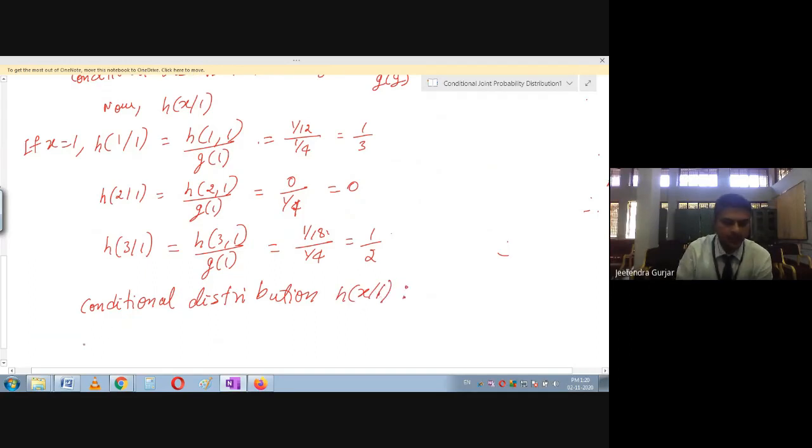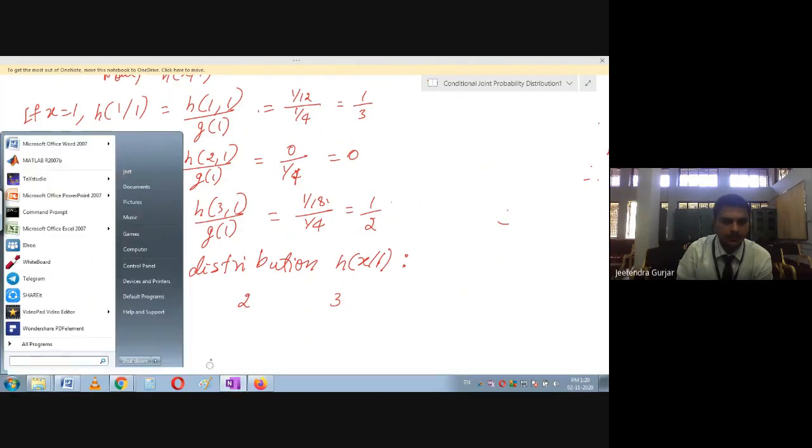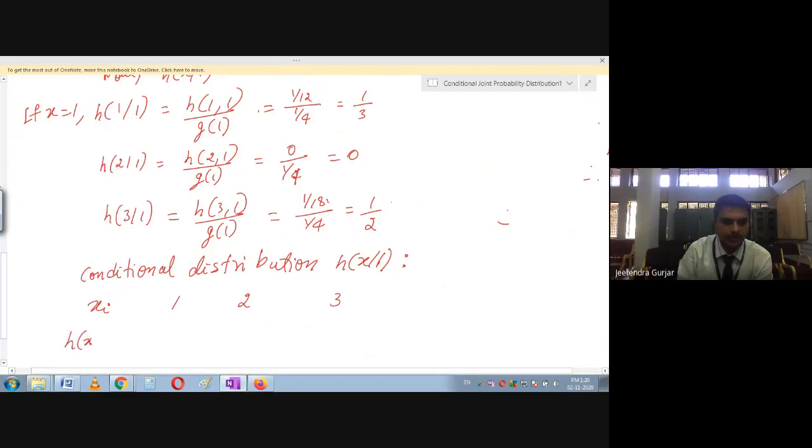So I'm going to take here x_i as 1, 2, 3. Now you're going to take these values of h(x|1). They are 1 upon 3, 0 and 1 upon 2, friends. So similarly you can go for other values.